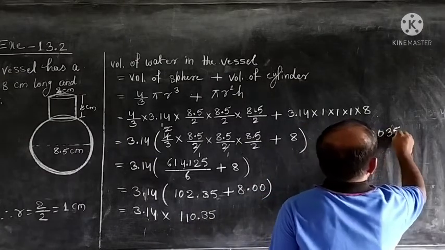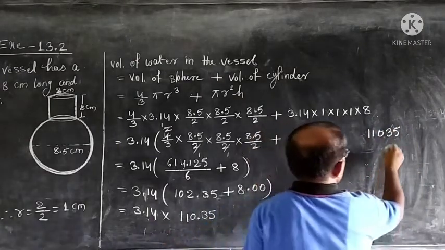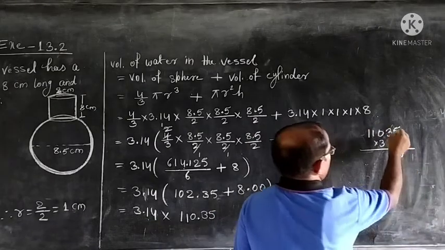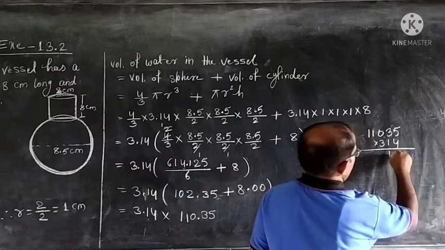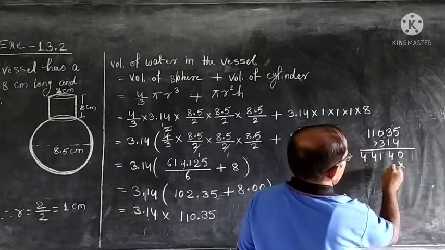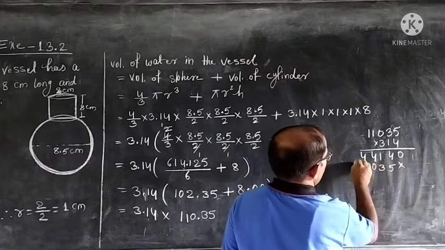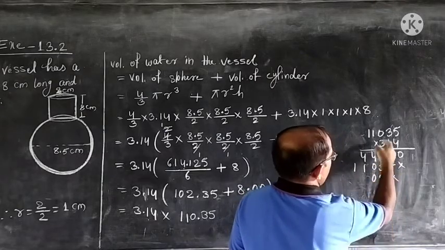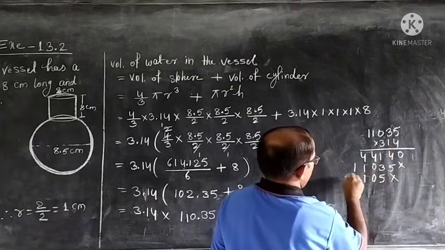110.35, decimal we will see later, into 314. 5 4s are 20, 3 4s are 12 to 14, 4 1s are 4, 5 1s are 5, 3 1s are 3, 3 5s are 15, 3 3s are 9, 1 10, 1 3 3.